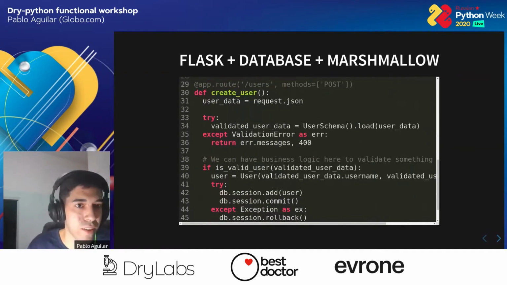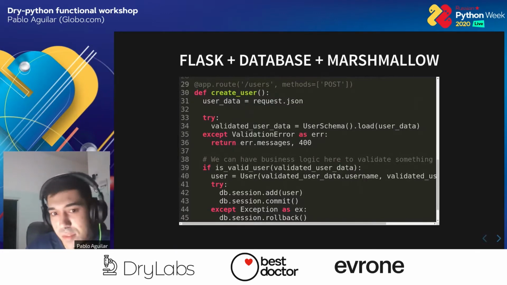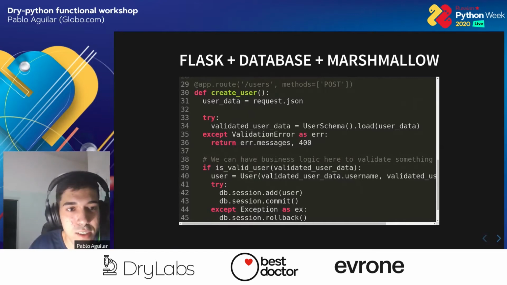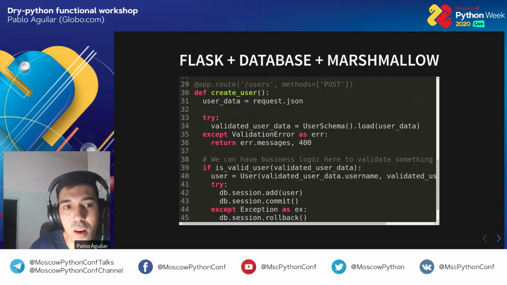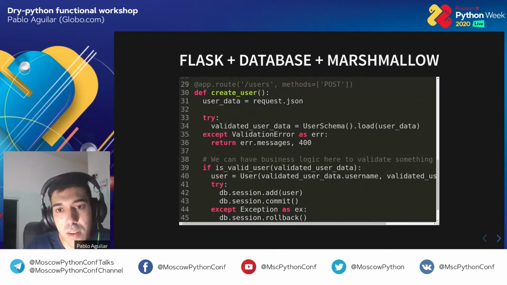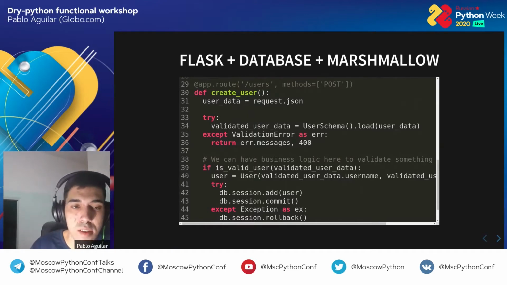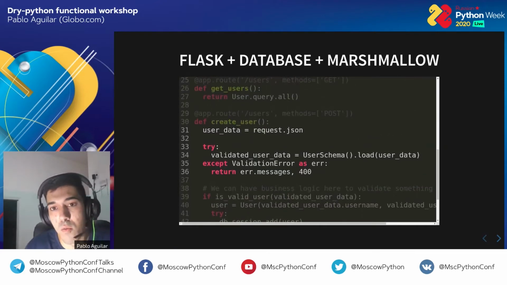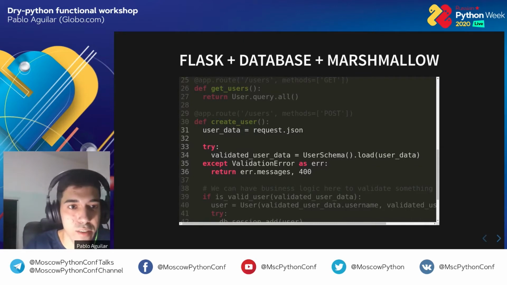And I have something like this function, which is a kind of simple function. I don't have so much to talk about, but if you pay attention to this function, we have basically three different things in the same function. First, we have the request validation.